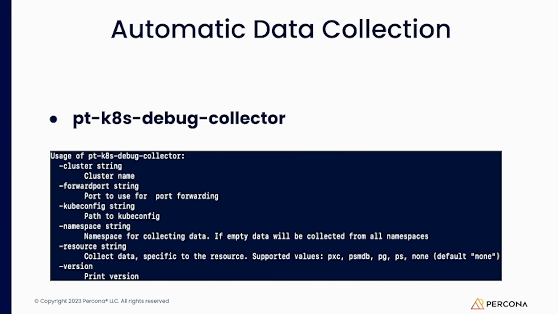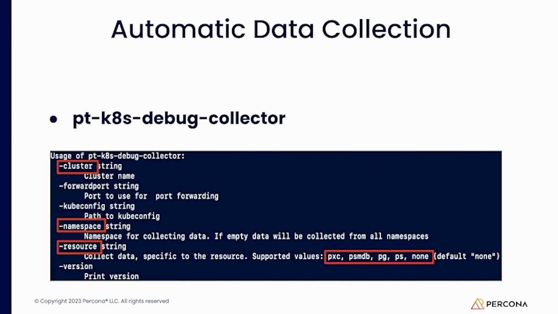Here we can see the flags. You can collect specific information from a database cluster, right? Namespace, collect the information from a namespace. Resource, this one is useful in particular to collect more information.